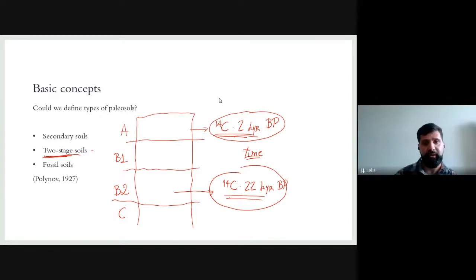Some of them can present very similar ages. For example, we can register some paleosols where all horizons and layers have less than 10,000 years before present.